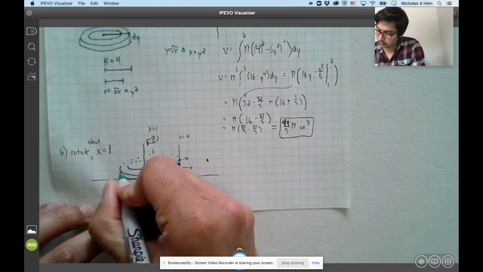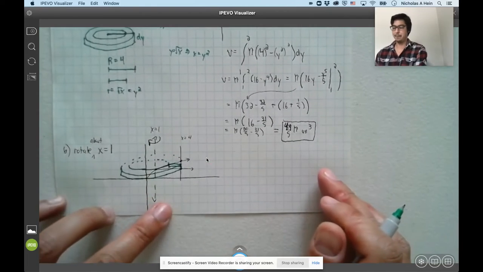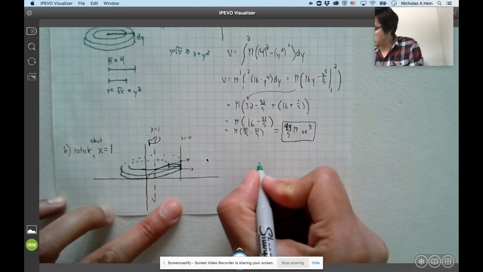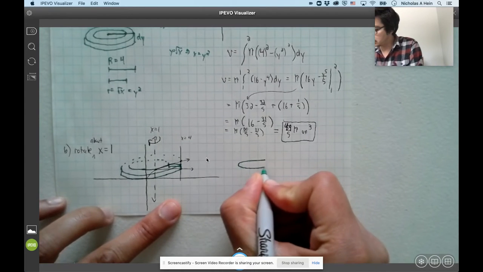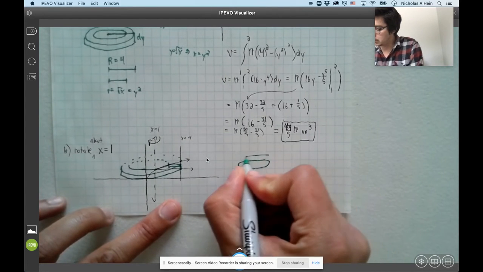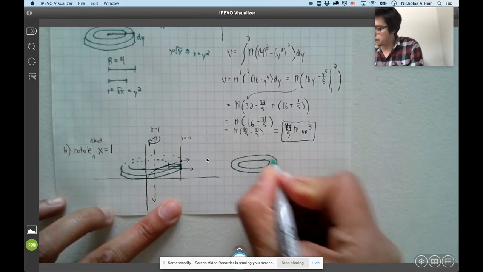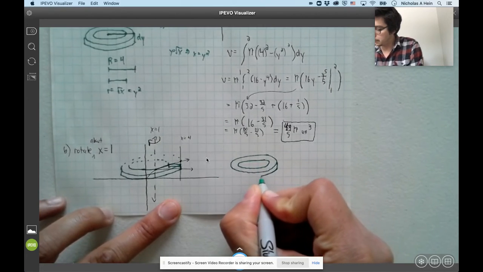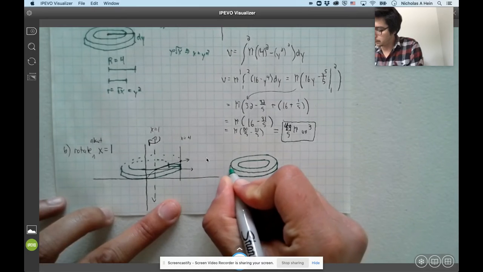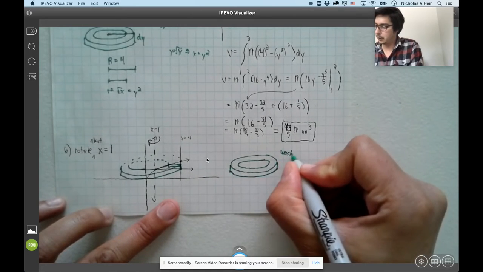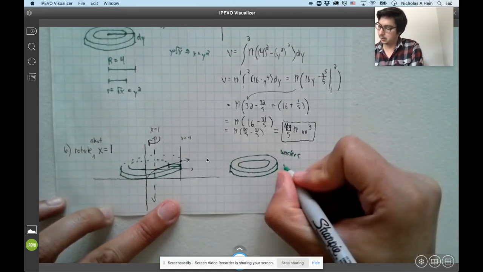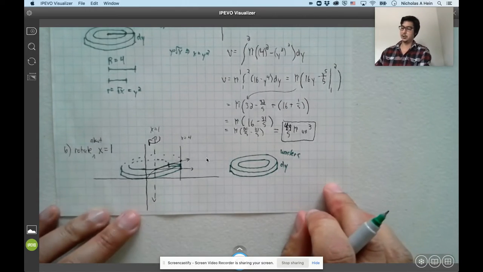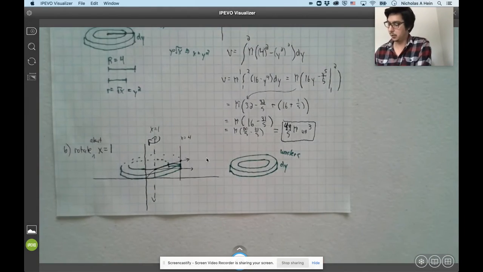It would look something like so. Okay. So if I draw this out, what we end up getting are cross sections that are washers. Where the thickness is going to be an infinitesimally small change in y, very small number.